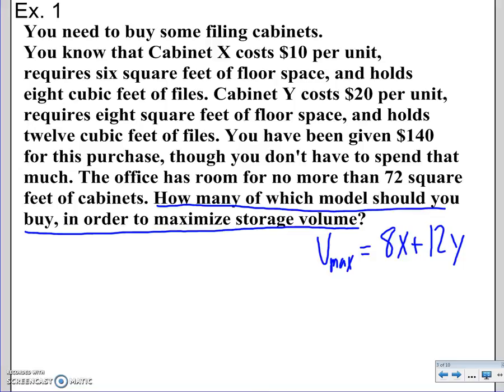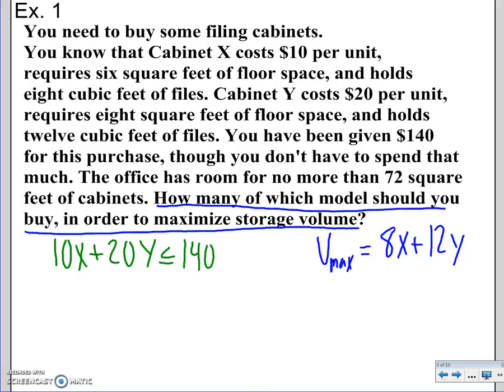Let's do the money problem first. It's $10 for every X and $20 for every Y cabinet, and our budget is no more than $140, so less than or equal to $140. Now the square feet, the floor space equation.